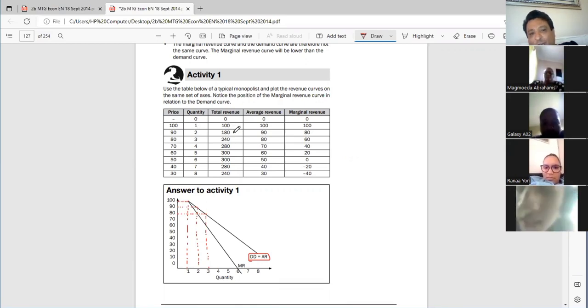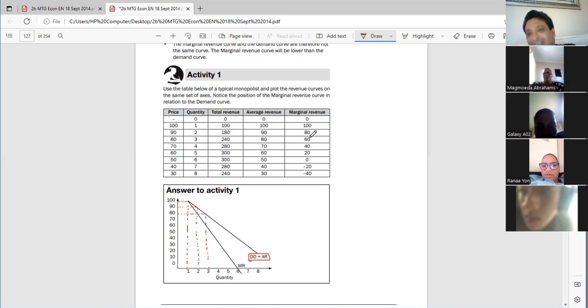What is next after that? Price is 80, but the total revenue went to 240. Am I right? Now, what's the change from 180 to 240? What's the change? 60 rand, isn't that so? So that is your marginal revenue.